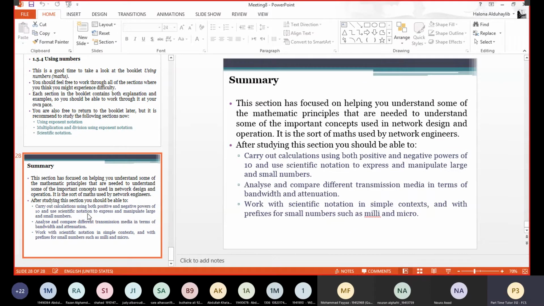After today's meeting, you will be able to carry out any calculation using both positive and negative powers of 10 and use scientific notation. I know today's session is full of numbers, so if you don't like math, this will not be your best meeting, but you need to work through it as you might expect anything of this in the exam, and we all need to get a high mark.